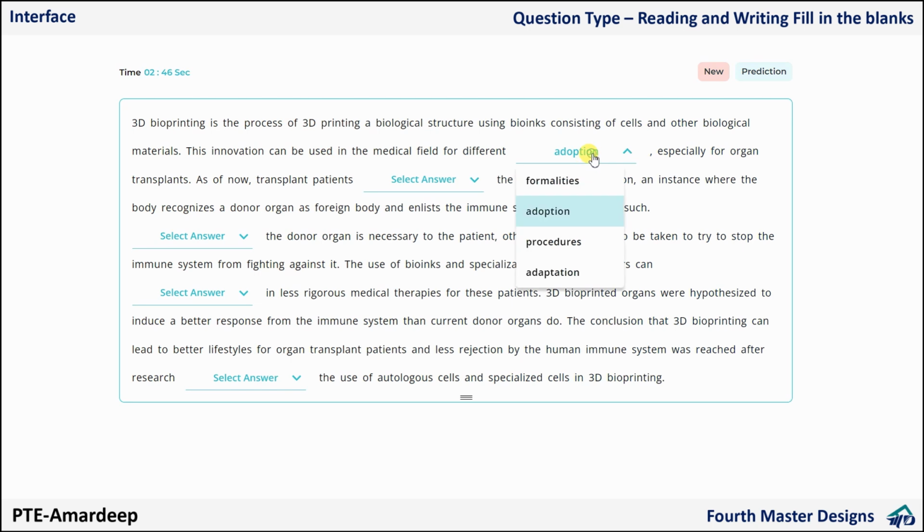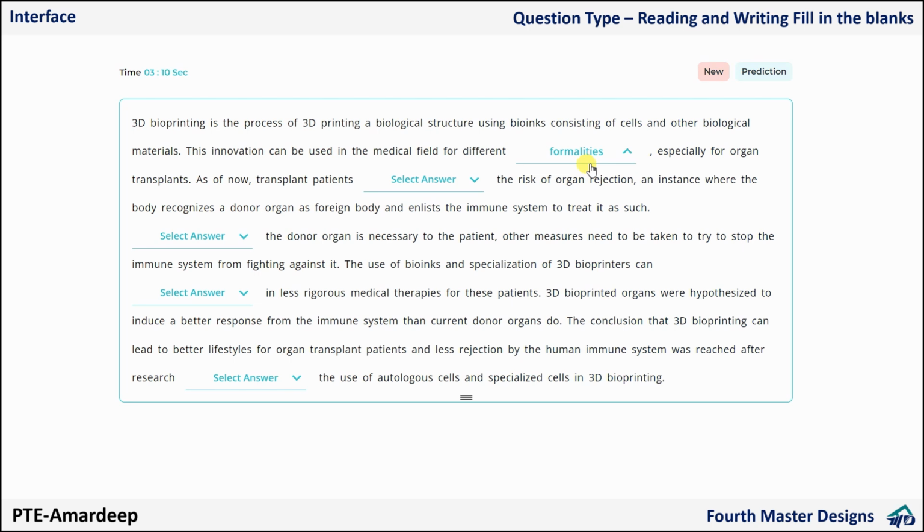Why is this incorrect? If I select this one, why is it correct? Do not answer by guessing the word. And even if you have guessed it and your answer is correct, find the reason, analyze your mistake. That will help you much more than any lecturer or any teacher.